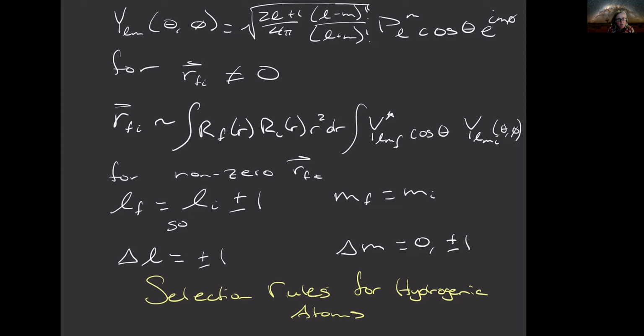For example, you can see here that delta L has to be equal to plus or minus 1. That means that you could not go from a P state to another P state. You would have to change from a P to an S or a D to an S. So these are requirements on the angular momentum quantum number, which sets out the selection rules.